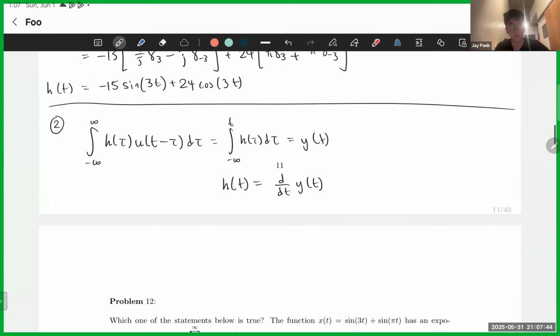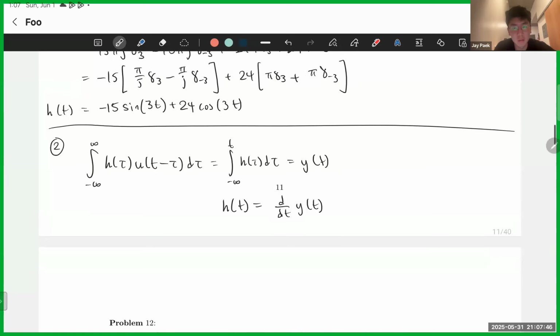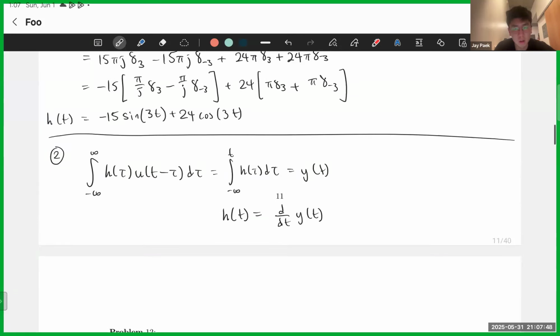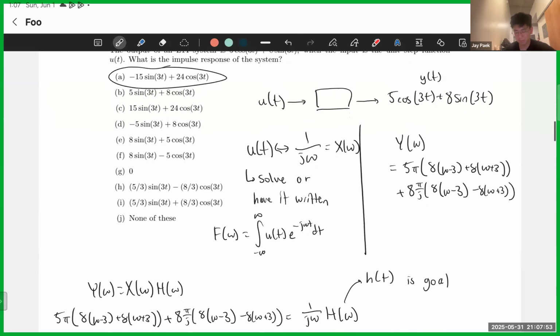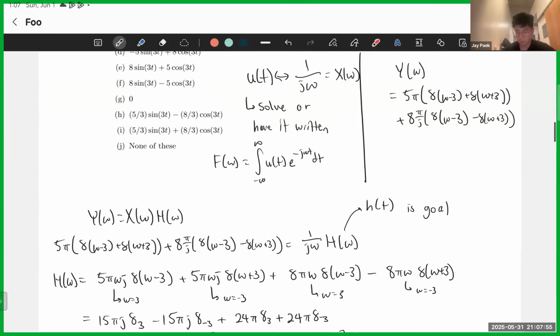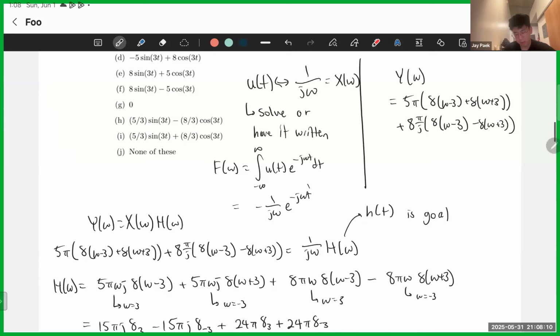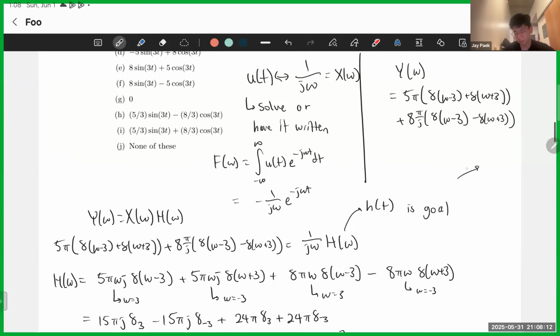That's fine. I get e to the... Oh, okay. For that, you're missing a part where, if I take the integral, then I get -1 over j omega e to the negative j omega t. And then imagine taking the limit. This is something that's spinning, and then this is something that goes to 0.